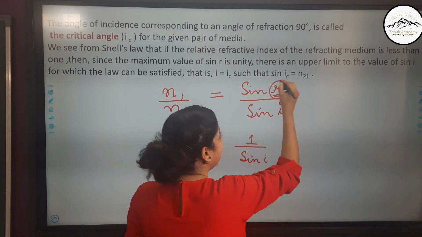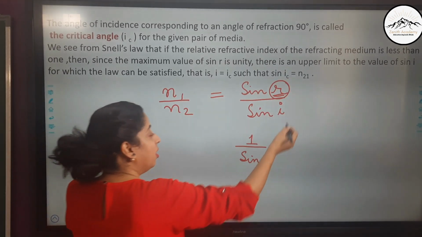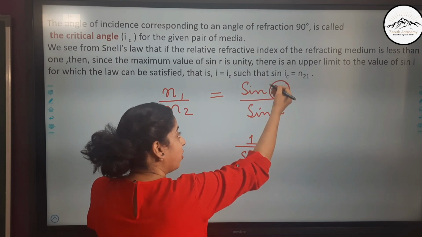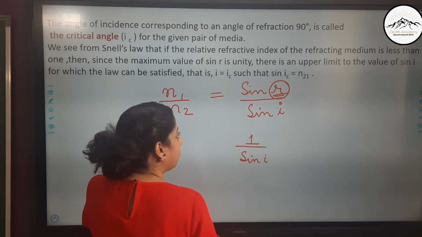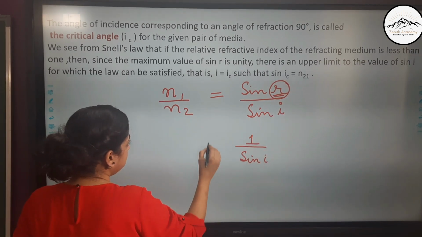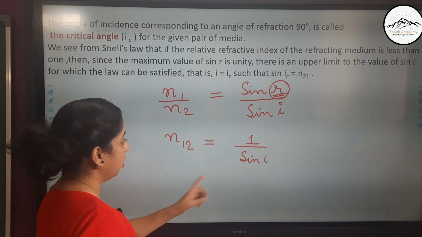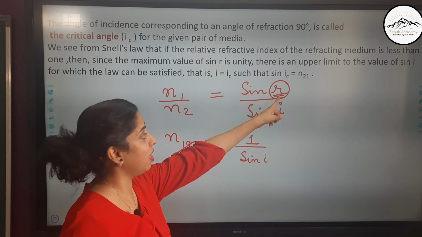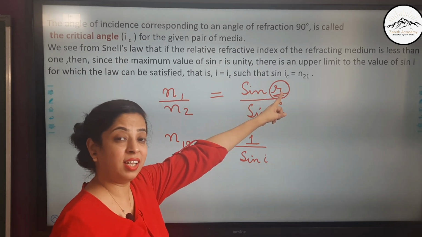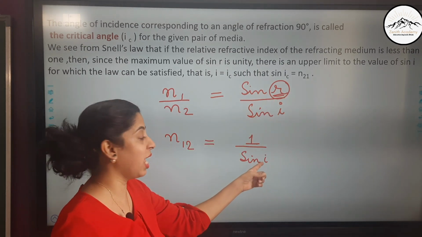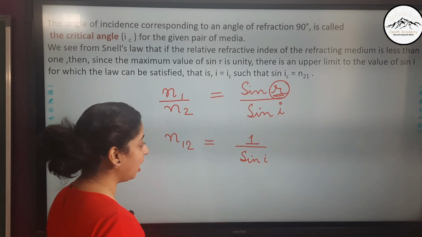So when r is 90, we know in critical angle the refracted angle is 90. So when r is 90, this becomes 1, and this is refractive index of first with respect to second. What is this angle? This is critical angle.